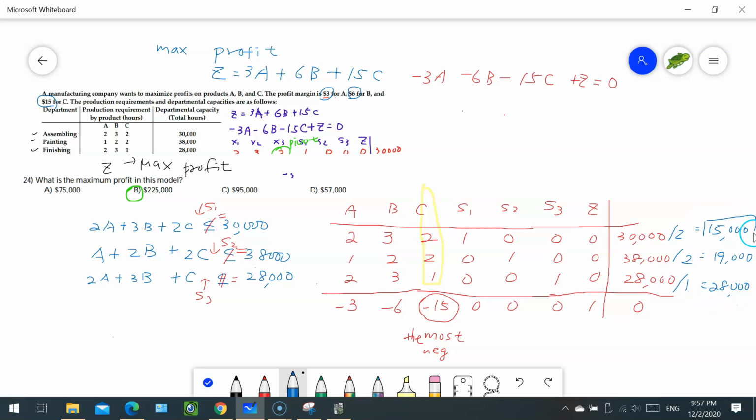Now, since the 15,000 is the smallest number, we are going to use this 2 as a pivot point. So that means we want to change this number into the 1, and then the remaining numbers on the same column turn to the 0.